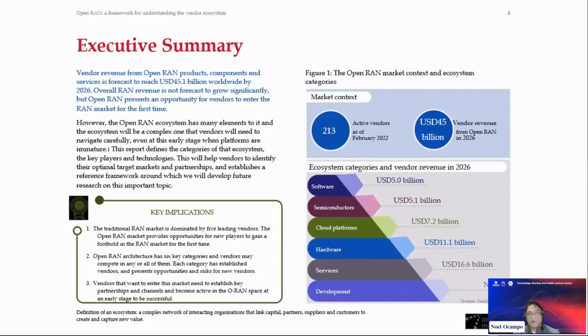And it will be followed by the semiconductor category, which is 5.1 billion. And then the cloud platform, which is 7.2 billion. And then it goes on. So as you go to the services, it really adds up to the chunk of the pie, which will be about 16.6 billion.